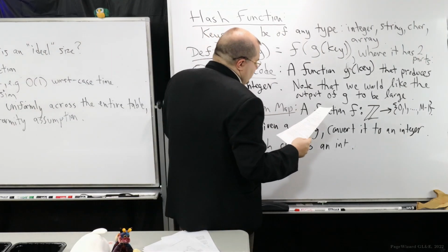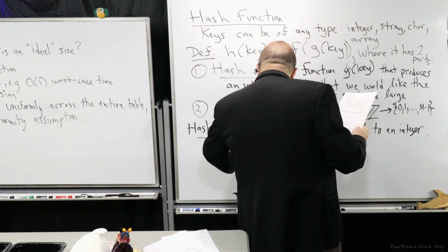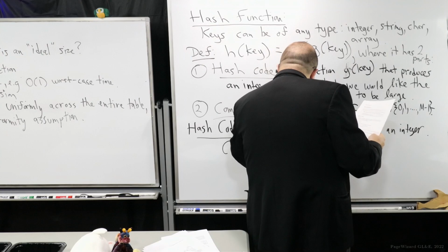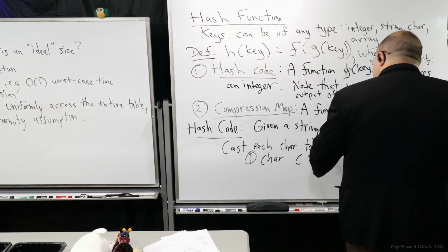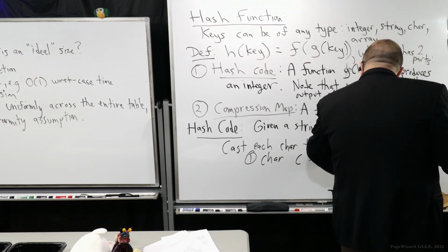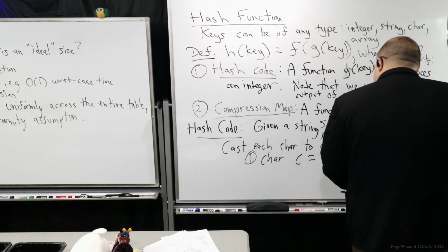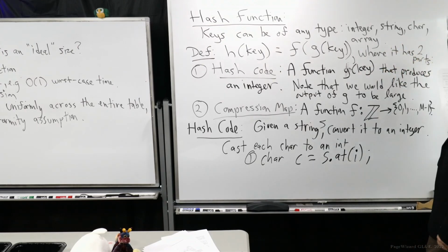So for example, if I got a character, say if I were to do something like this, char c, I assign it to be s. Suppose I have a string s, at some position i. This will give me a character.